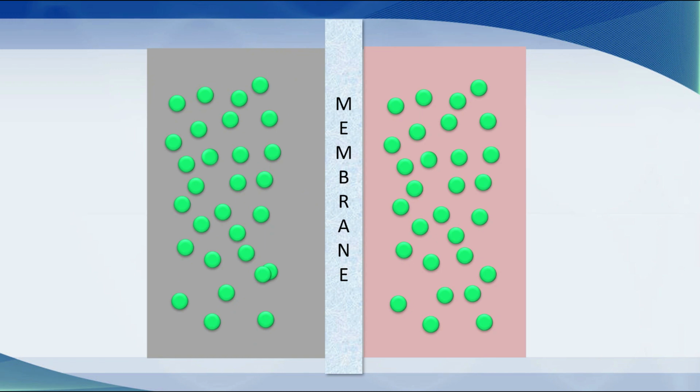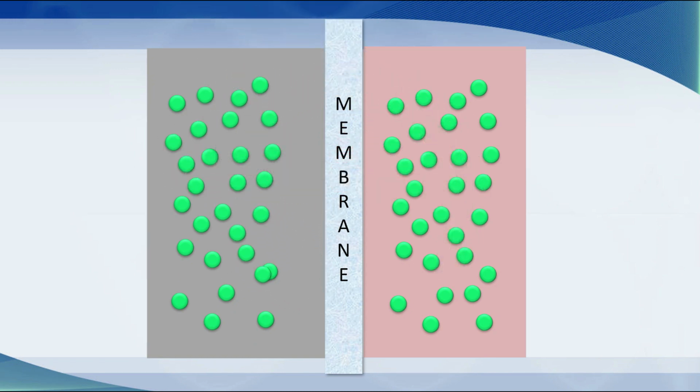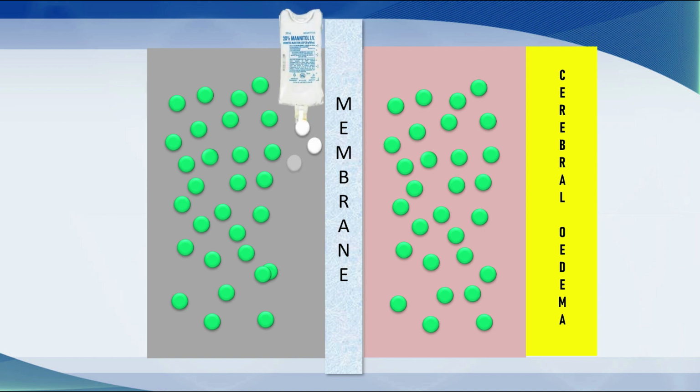Returning to this cartoon, what's happened to Brian is that he's had a traumatic brain injury, and that has caused the collection of cerebral edema in his brain, and now his brain is swollen and he's at risk of brainstem herniation. Now what we're going to give Brian is mannitol, which is an osmotically active agent that is biologically inert, and what that's going to do is introduce a lot of additional osmoles into the extracellular space.